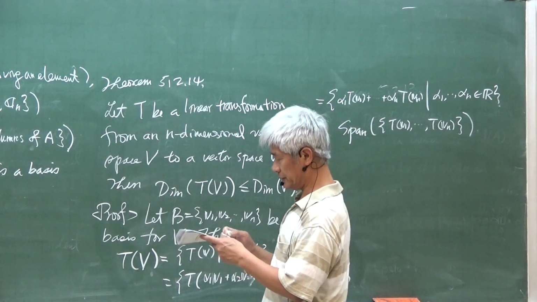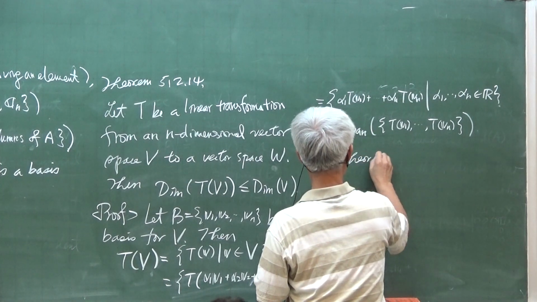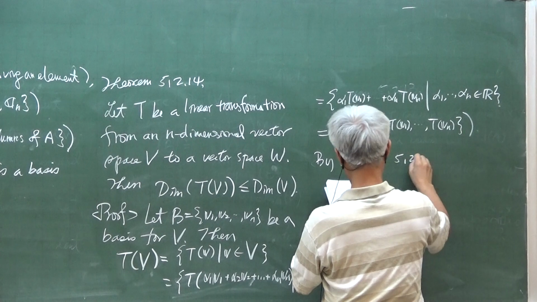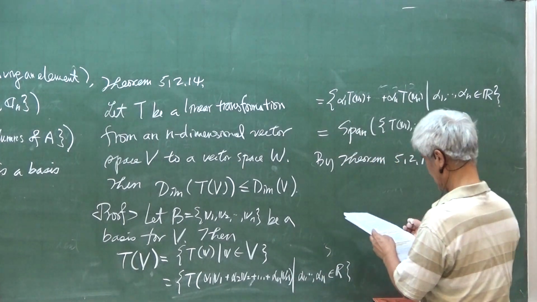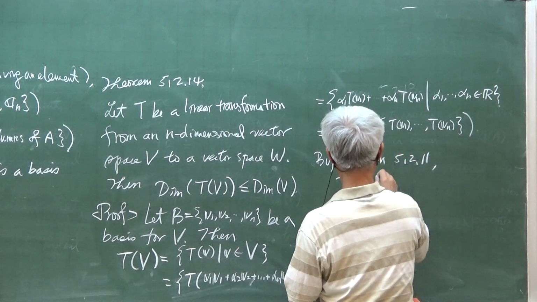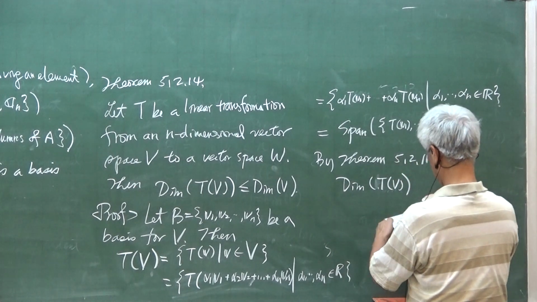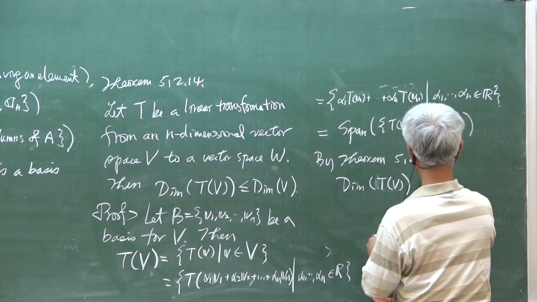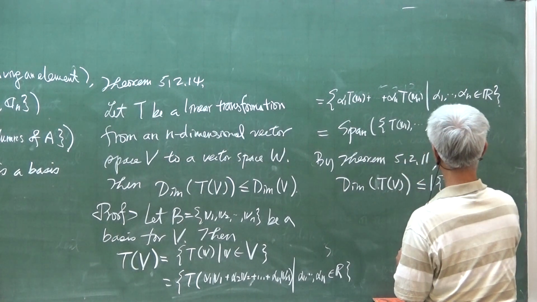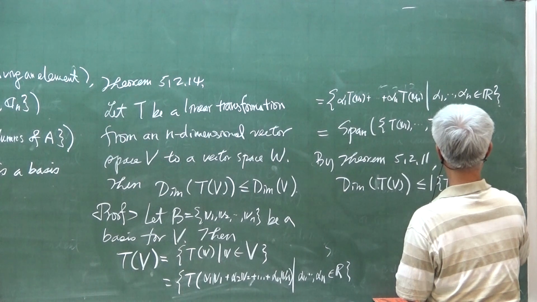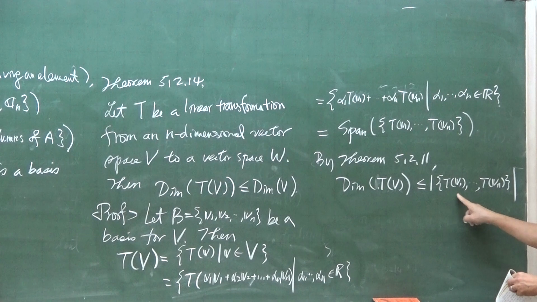Now, by our theorem 5.2.11, the dimension of T(V), the range, will be less than or equal to the size of the set {T(v1), ..., T(vn)}.